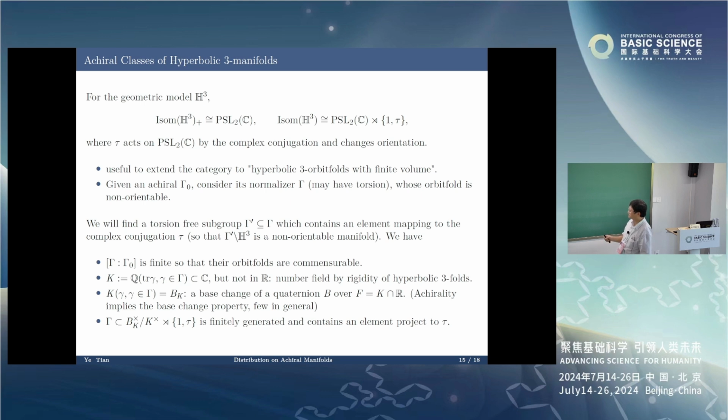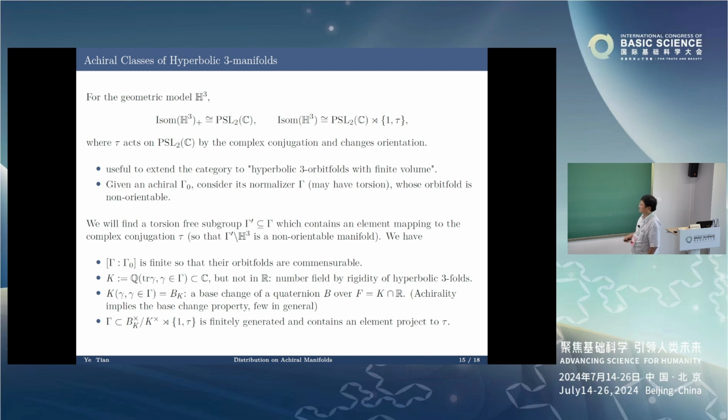And if you adjoin gamma itself, not just the traces, to K, then you get a quaternion algebra defined over K. If we assume our gamma 0 is achiral, then this quaternion algebra is the base change from the fixed field of the complex conjugation. So this is what I said at the beginning of this hyperbolic case: almost all hyperbolic manifolds are chiral, not achiral.